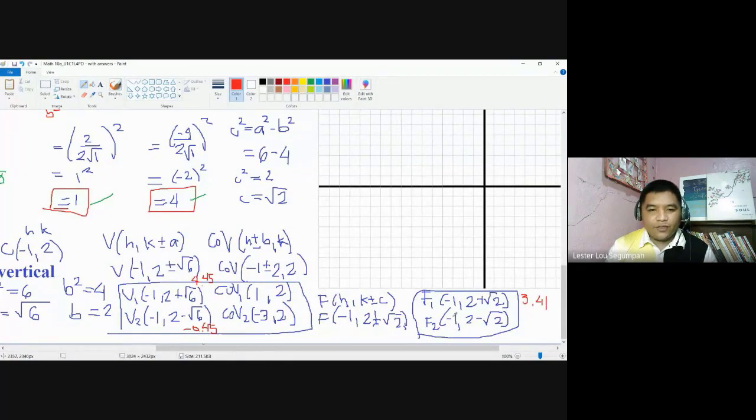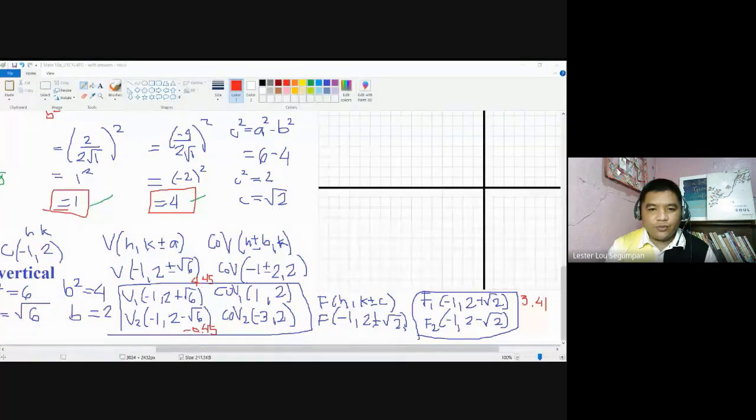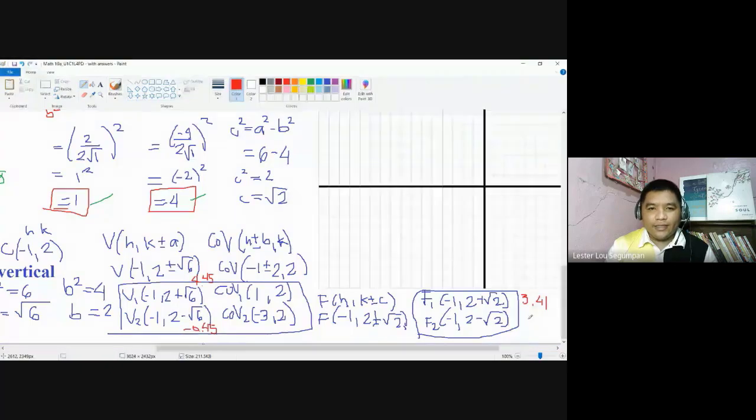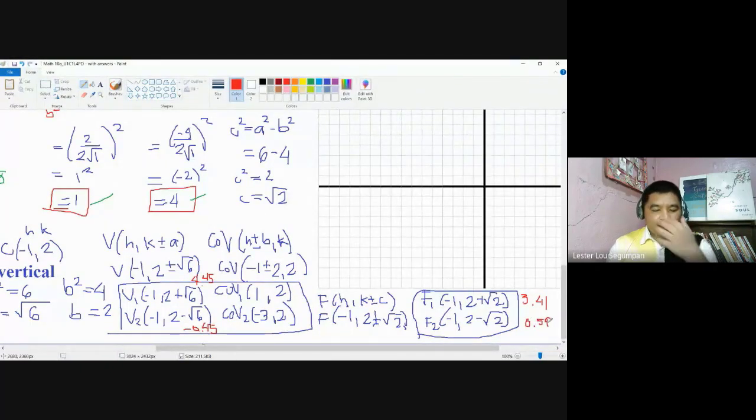And for the second focus, you will have 2 minus square root of 2, which will be more or less equivalent to 0.59. Okay, let's plot all of them in this Cartesian plane.